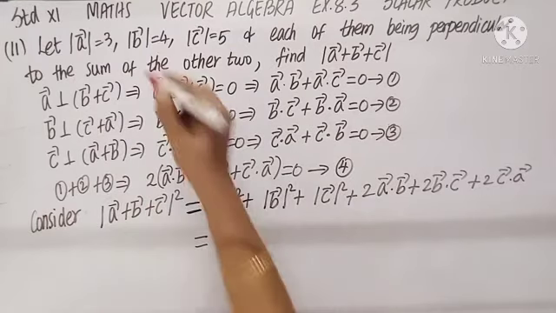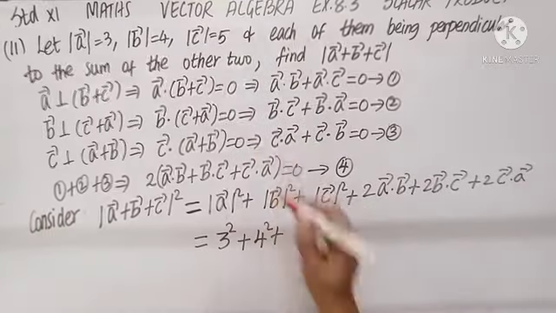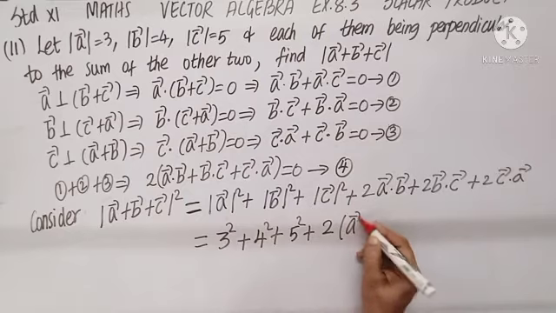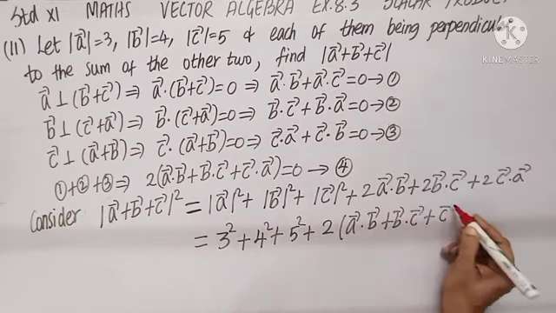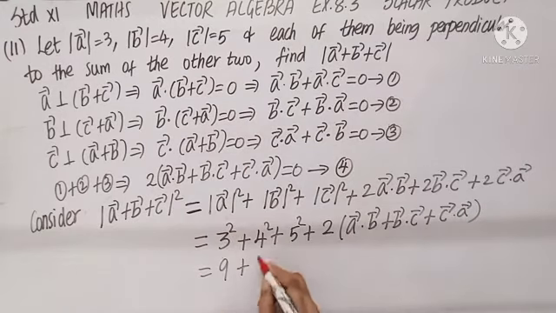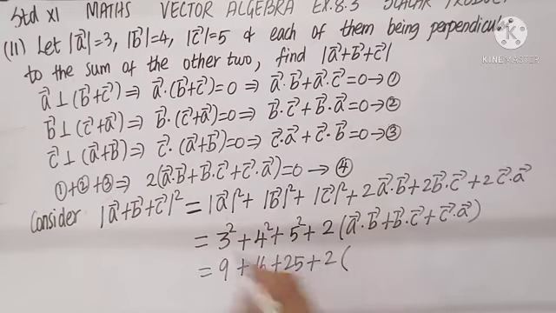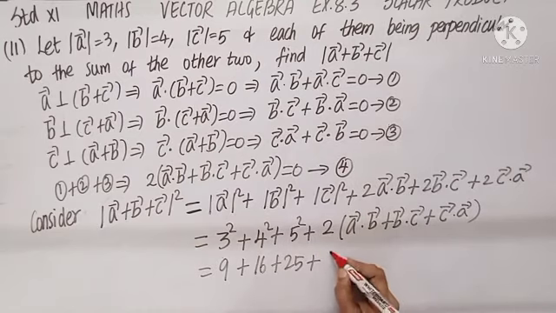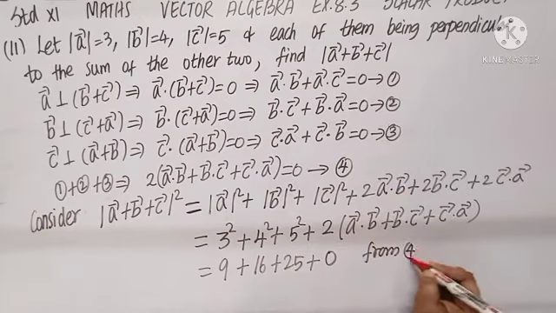Mod B square given it is 4, 4 square. Mod C square, 5 square. In all the terms 2 is common, I get A dot B plus B dot C plus C dot A. 3 square plus 4 square plus 5 square plus 2 into. This entire answer we have arrived at 0. So this is from result number 4.